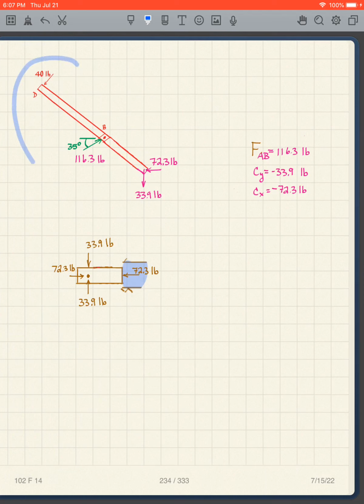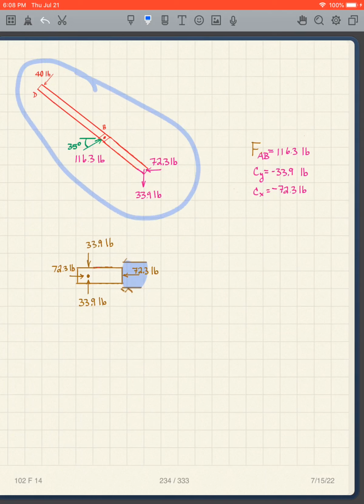I then put those on my free body diagram with the correct directions, taking into account the negative signs. Now that gives me the final free body diagram for this member.